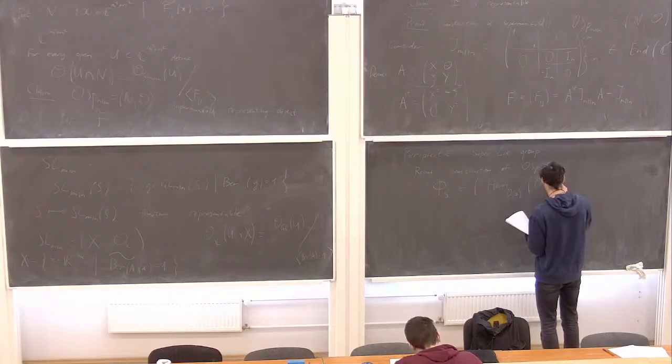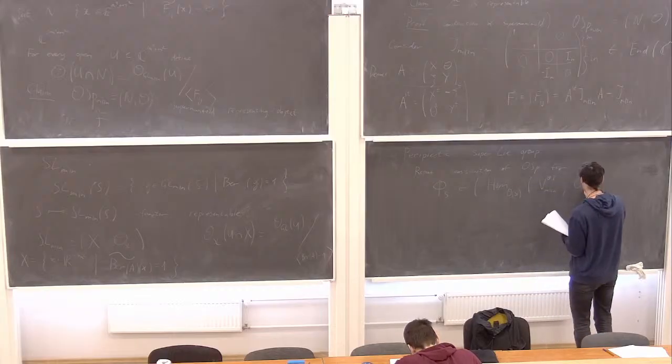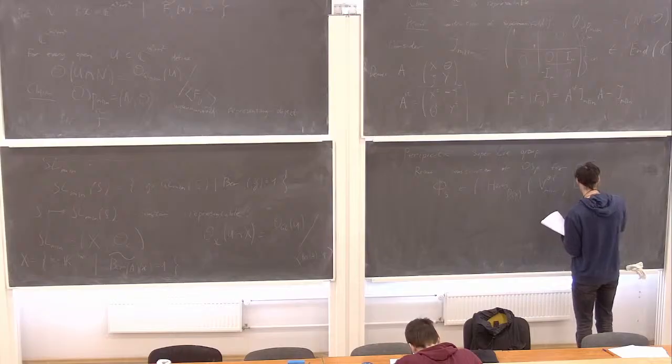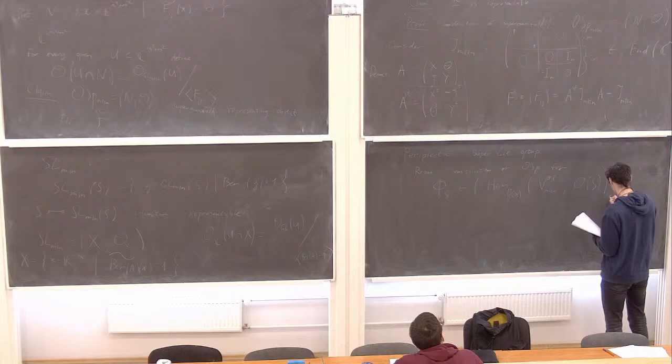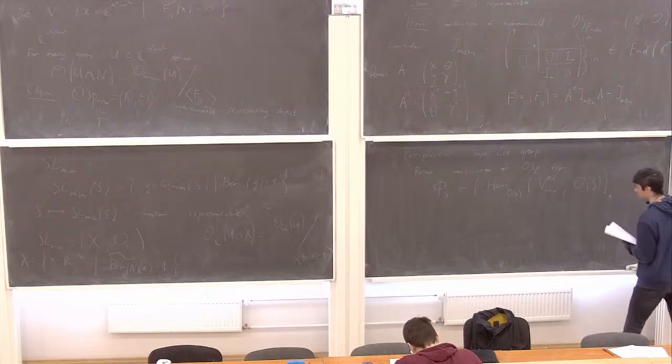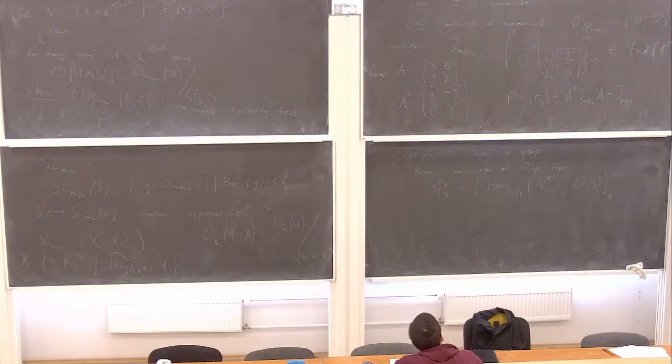From V^{m|n} to its dual. But I would like to take this odd, and still I want it to be non-degenerate.